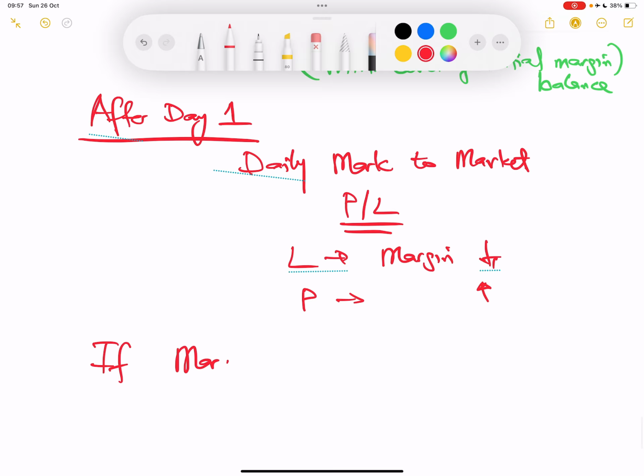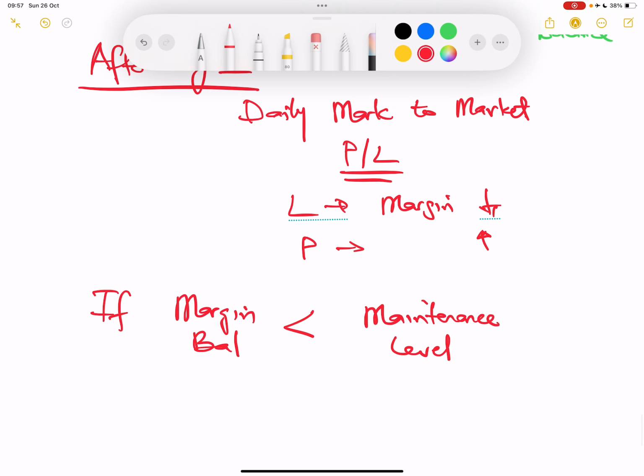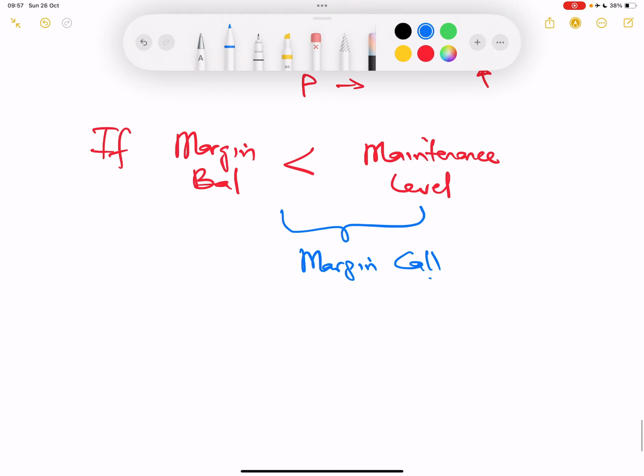If you've made so much loss and your margin balance goes below the maintenance level, then this will result into a margin call, which means the clearinghouse will call you to bring more money. So they will ask you to deposit more funds to a level above your maintenance margin.